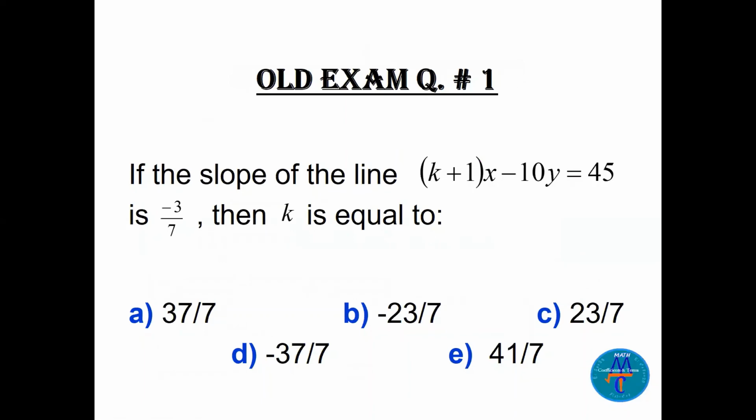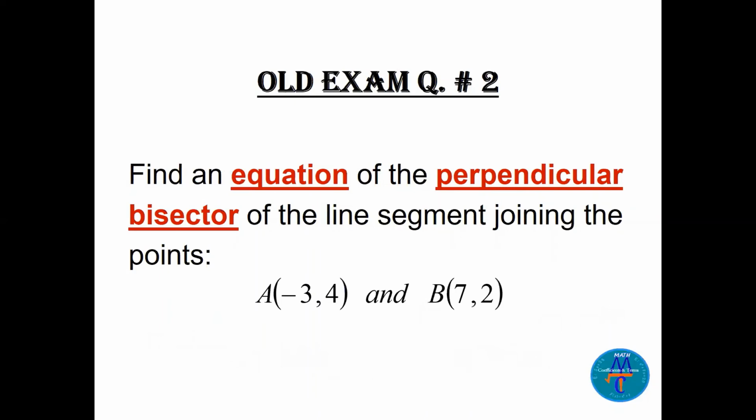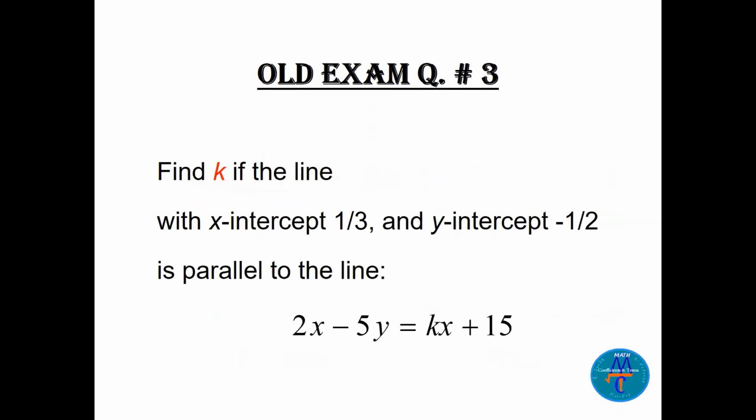Now these are the old exam questions. You can practice extra questions, just to understand more. I put some questions here, like this one, number 1. I put number 2, find the equation of the perpendicular bisector. Bisector means it passes through the middle, the midpoint. Find k, we have parallel lines here.